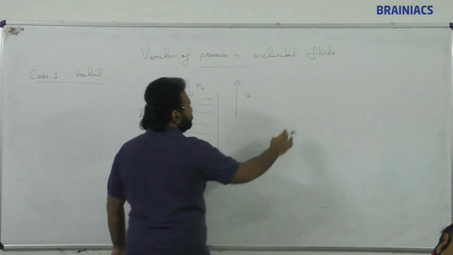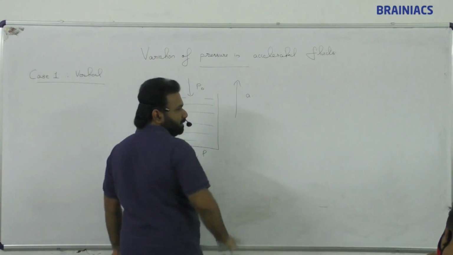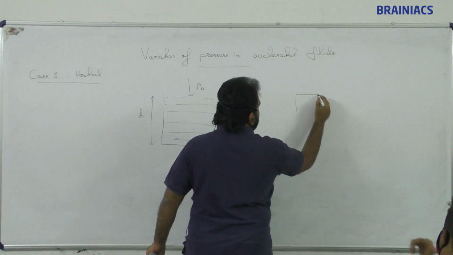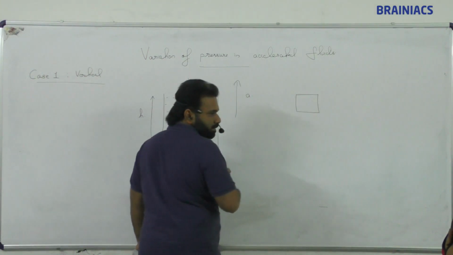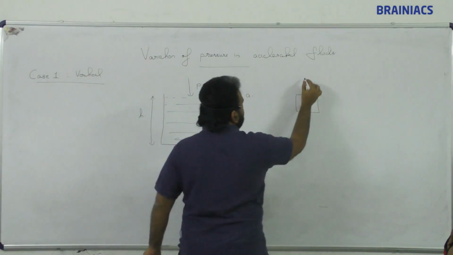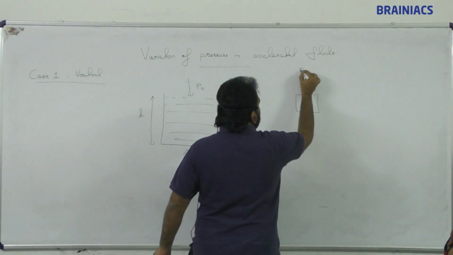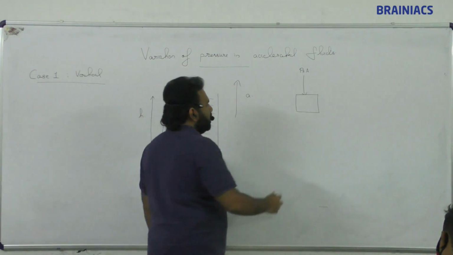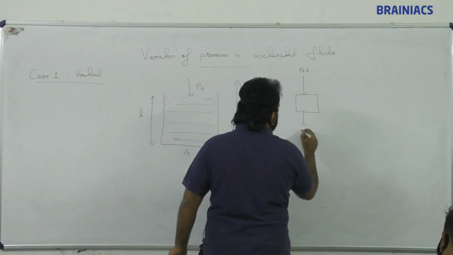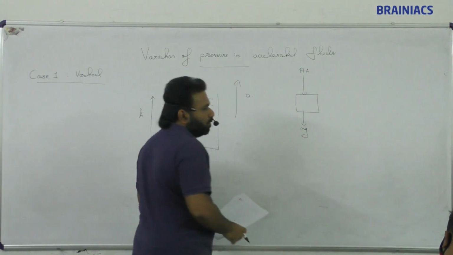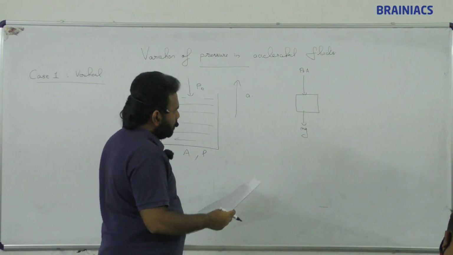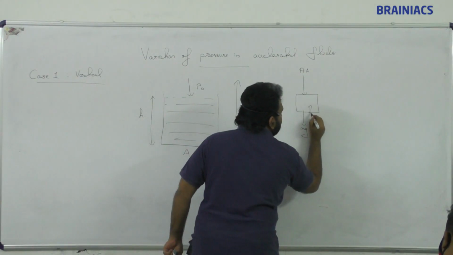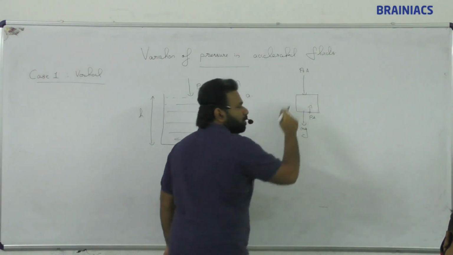Now consider this. If we consider a free body diagram of this, what is happening here? P naught A is acting downwards, then mg will be acting downwards, correct? Then the floor will be exerting a PA force on that.